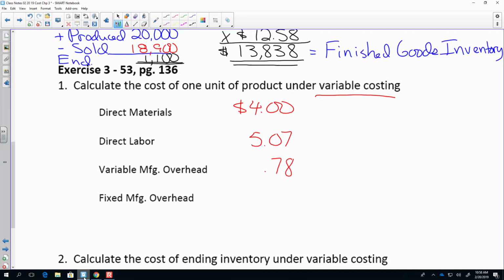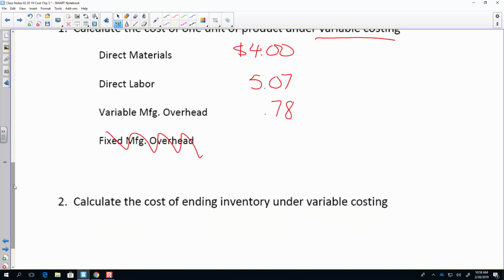Let's just use the same numbers. Why would we do this any other way? We don't have those. I worked till 10 last night. I'm tired. You did too, probably, some of you.